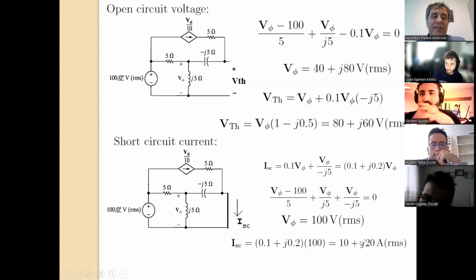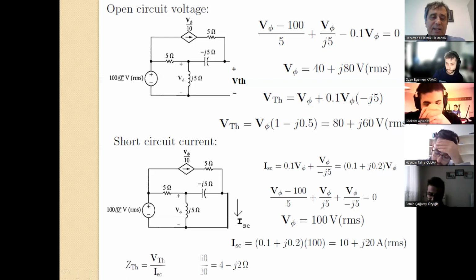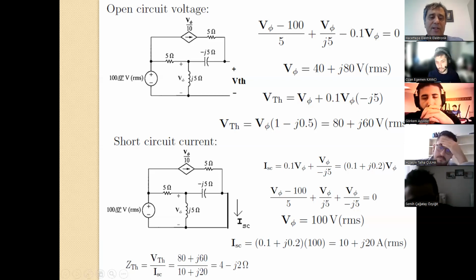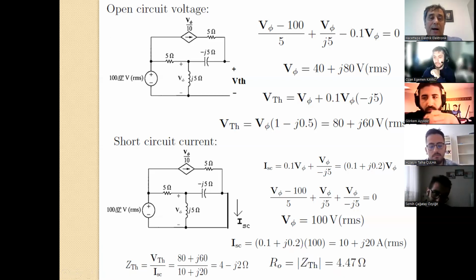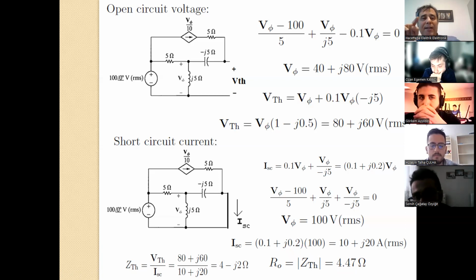When you find the Thevenin voltage and short circuit current, the Thevenin impedance is quite easy now, just the plain ratio. So 4 minus J2 will be the Thevenin impedance. Well, our output resistance should be the magnitude of ZTH, because if you remember, square root of RTH squared plus XTH squared.